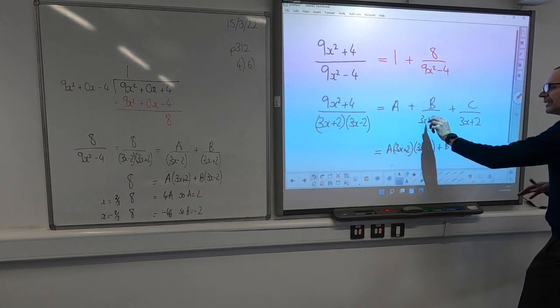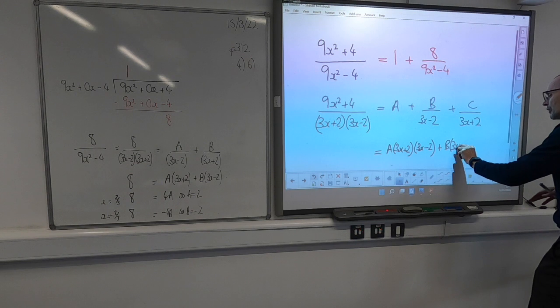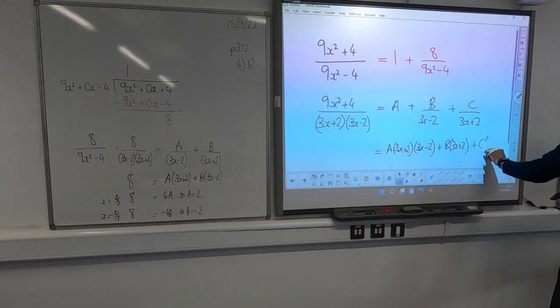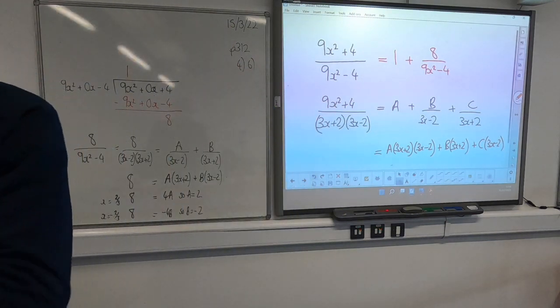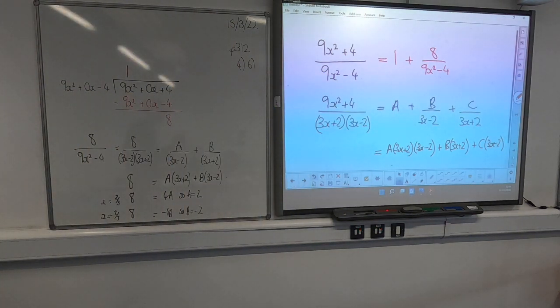And then this is missing the 3x plus 2, and this is missing the 3x minus 2. So you could do it straight away like that. As with all 3 variable problems, having substituted in your 2/3 and your minus 2/3, you need another value. And so you might fancy having a go at that way in your own time. I haven't got time to do it now, but that's an alternative approach.